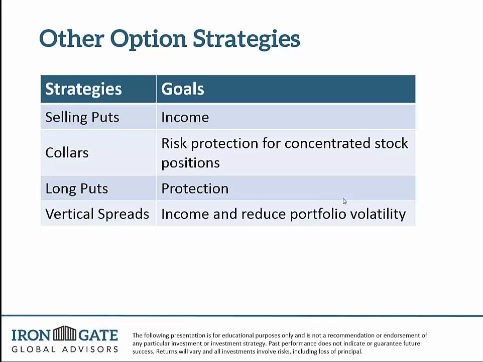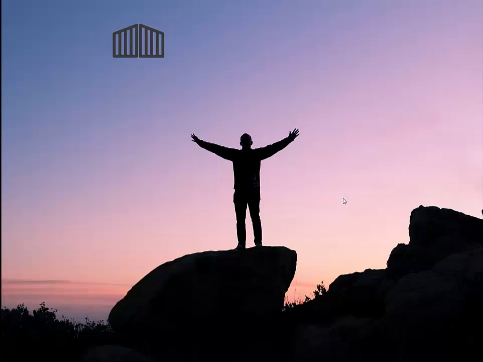We use collars if anybody has a concentrated stock position and needs to protect it. You don't want to sell the stock, but you need protection. Collars can do that. We do long puts for protection. We do vertical spreads, which we just reviewed, long and short, to reduce portfolio volatility, mainly short. Those are other option strategies.